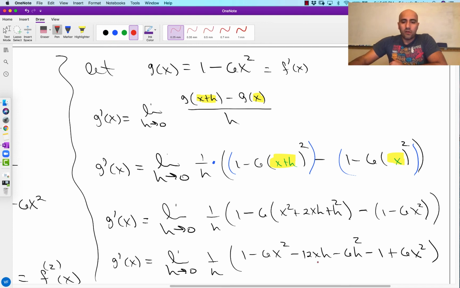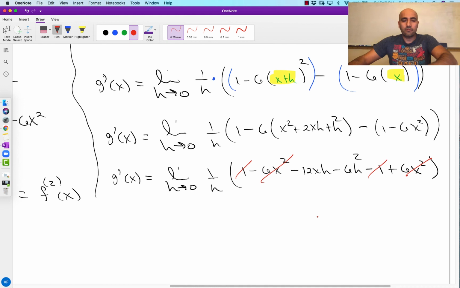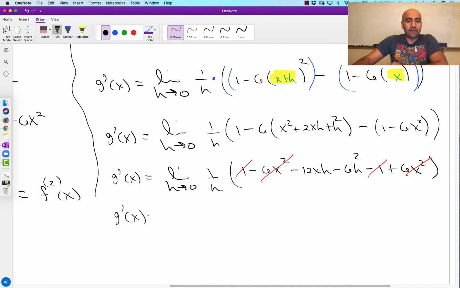Okay, so now the minus 6x squared cancels with this plus 6x squared, and the plus 1 and the minus 1 cancel out, leaving me just these two terms. So I get g prime of x equals the limit as h goes to 0 of 1 over h. And I get to factor out an h from these two.